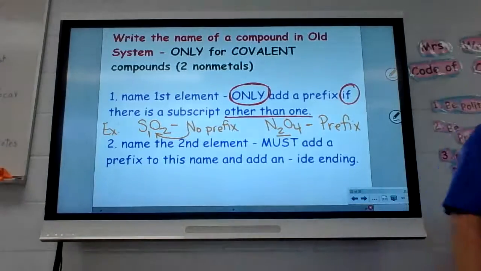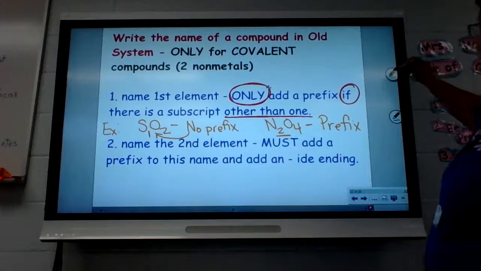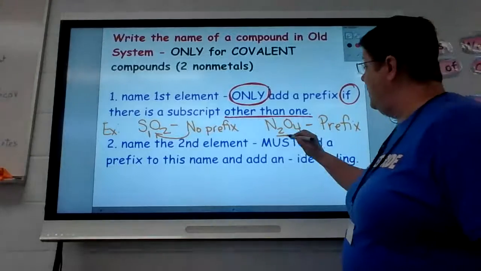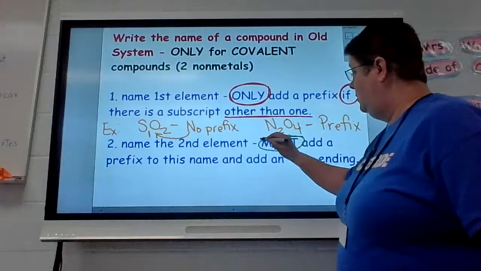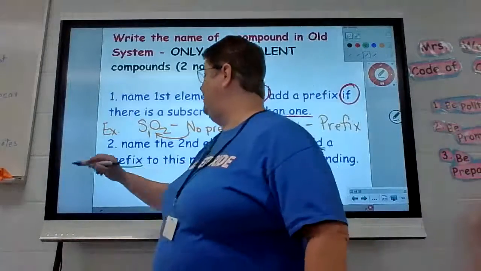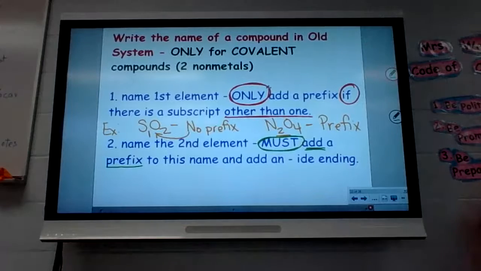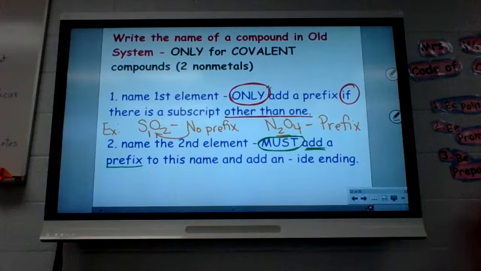Now, when you name the second element, you have to do 2 things. You must add a prefix. It doesn't matter if there's only 1. You must add a prefix. And then you do the standard add IDE.